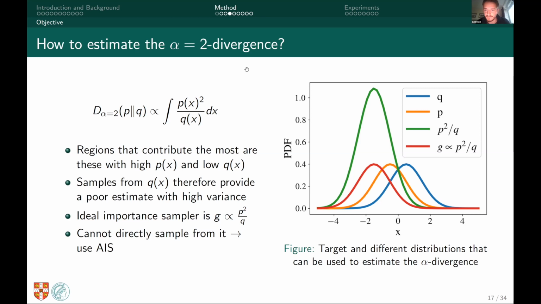So if you look at the red curve, you can see that it's more aligned with the green curve than P. It's focusing on the regions where P is big and Q is low, which is why it's better than P, because P is not focusing on the regions where Q is low. So it's essentially going to take us to the regions where the target is big and our flow is not capturing the target well, and that's what we're going to use to update the flow. Does that make sense?